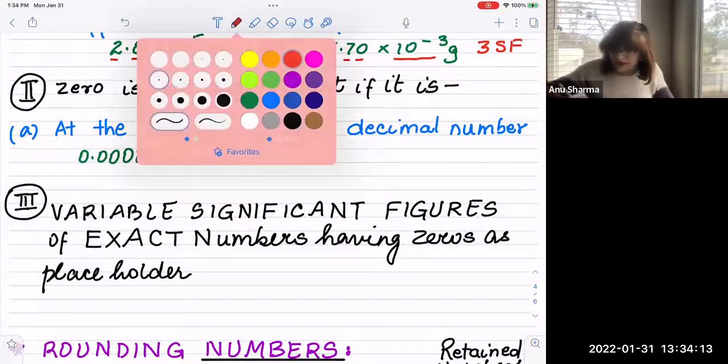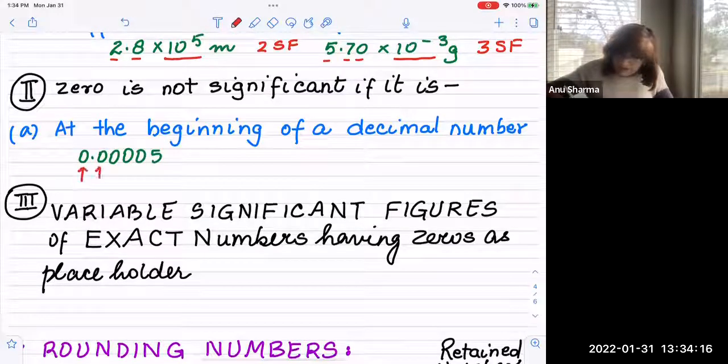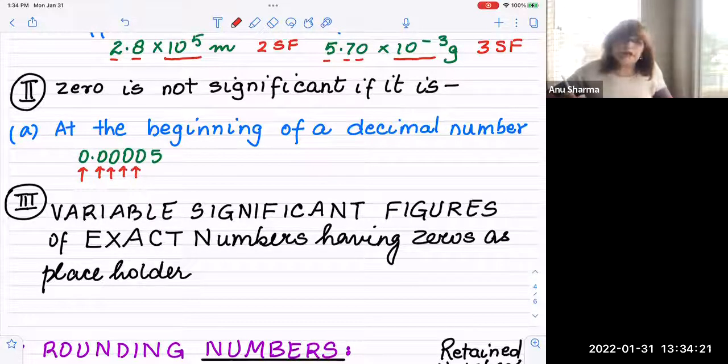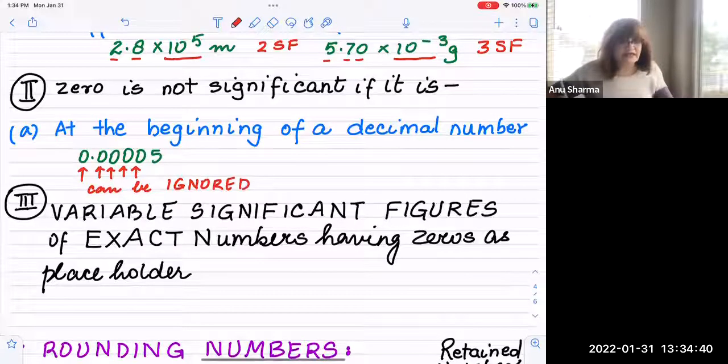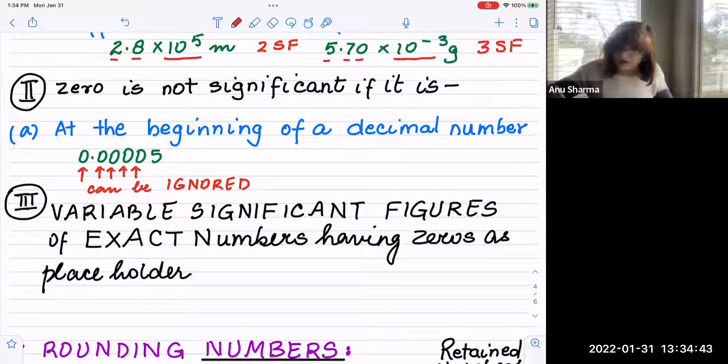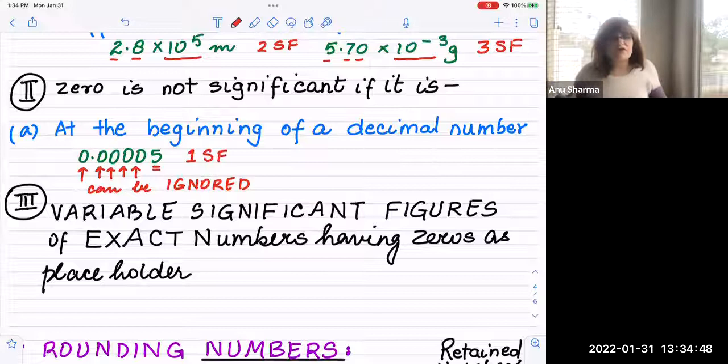You see these digits, 1, 2, 3, 4, and 5, these can be dropped. In other words, these zeros in front, the leading zeros, can be ignored. In reality, it doesn't make sense, but for the sake of measurements, yeah. So that means this is only one significant figure. Only take the 5.